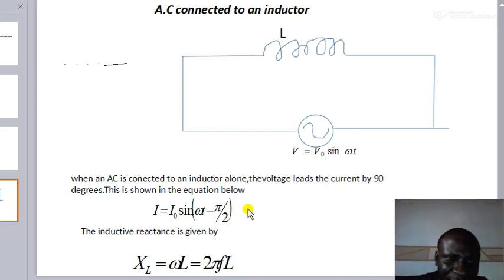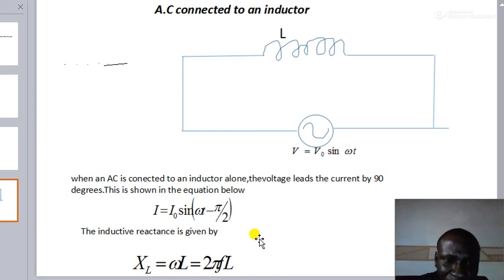That's just the difference. But take note, all resistances are measured in ohms, whether it is capacitive reactance, inductive reactance, or the resistance of a resistor. All three have units called ohms.